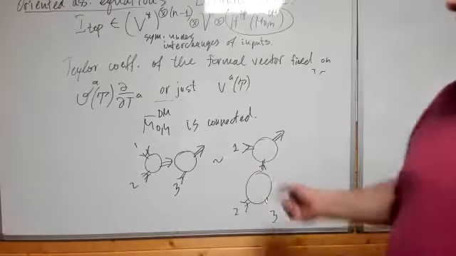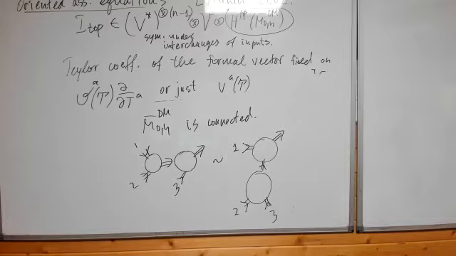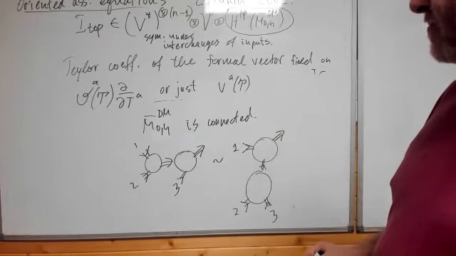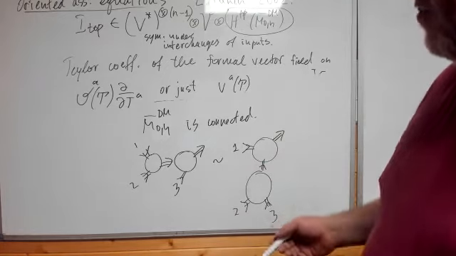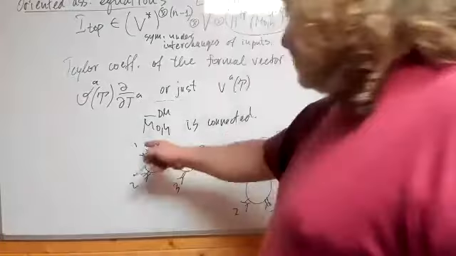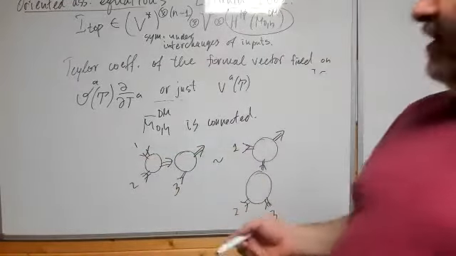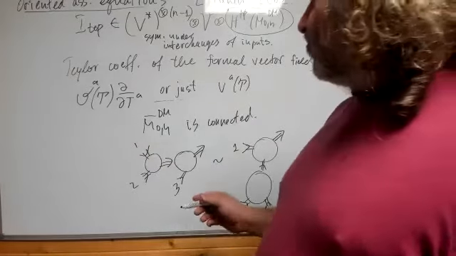So this is the beginning. And then we can put the input. You see here we have inputs 1, 2, 3, 1, 2, 3. And then we can put an input number 4.